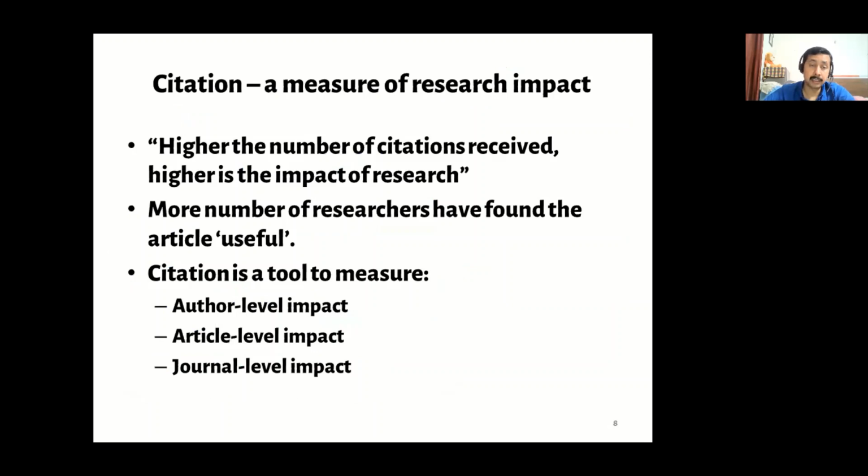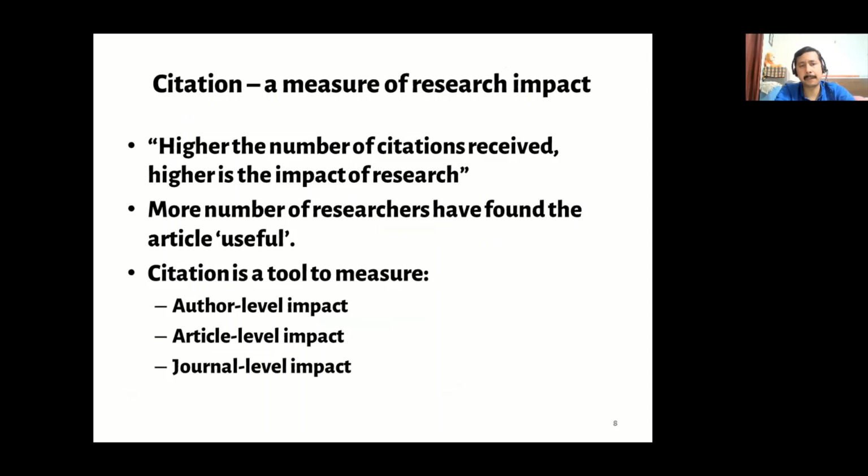Therefore, citation acts as an important measure of research impact. In the scholarly world, the higher the number of citations received by an author, by an article, or by a journal, the higher is the impact of research.